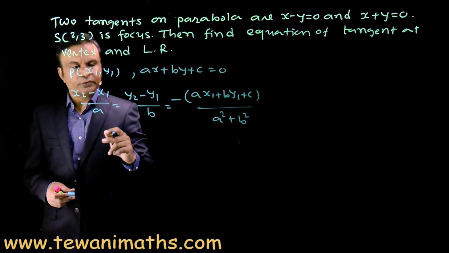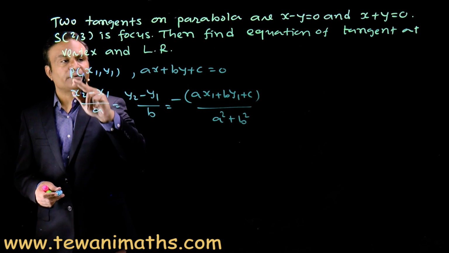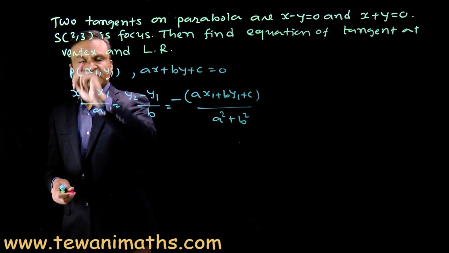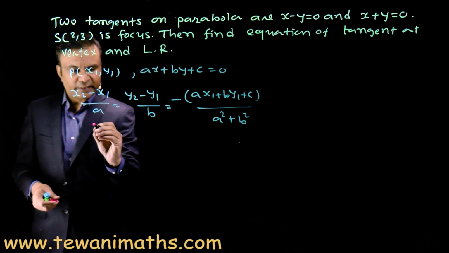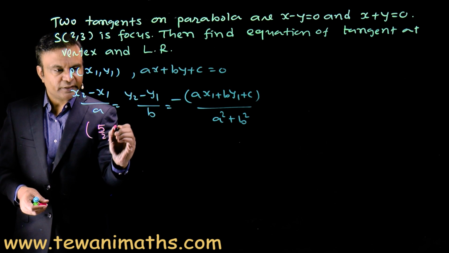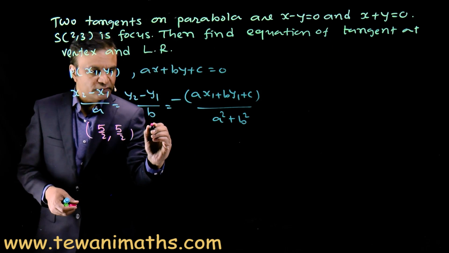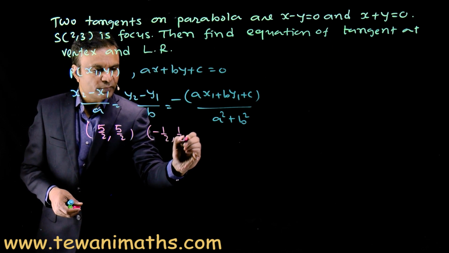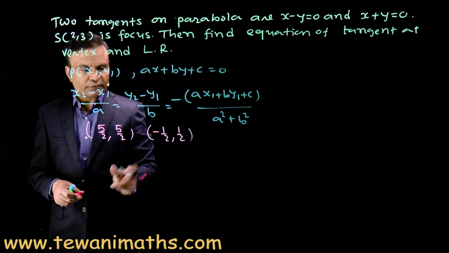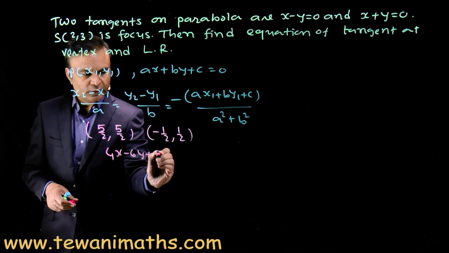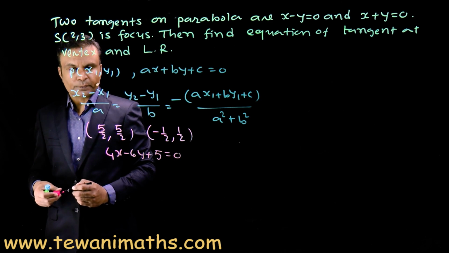Here (x2, y2) is the foot of the perpendicular from point P on this line. Using this formula we get the foot of the perpendicular of this point on this line as (5/2, 5/2), and on this line as (-1/2, 1/2). So the equation of the line passing through these 2 points is 4x - 6y + 5 = 0.